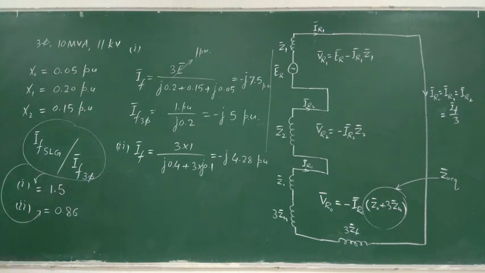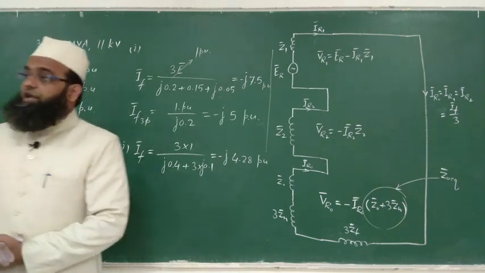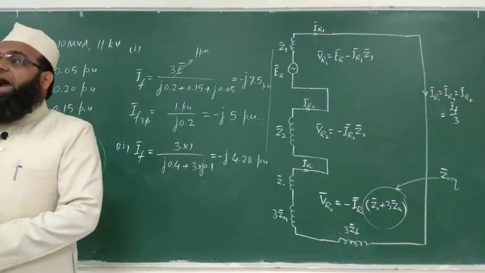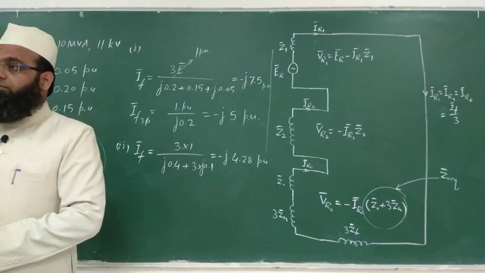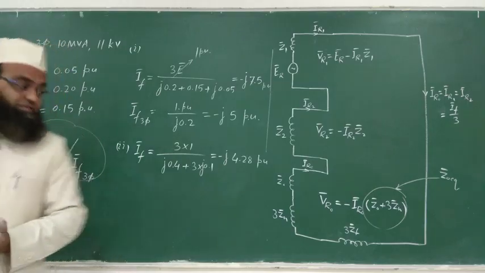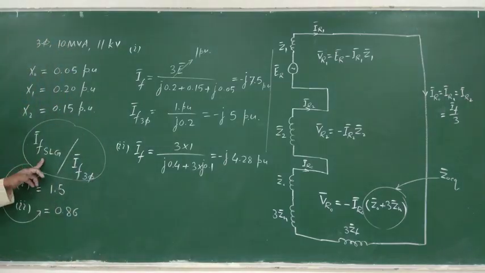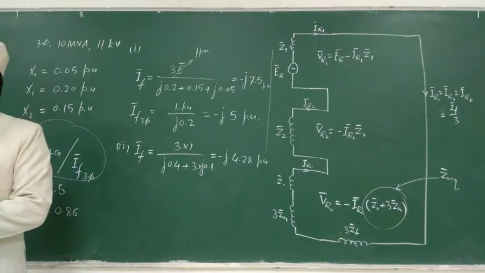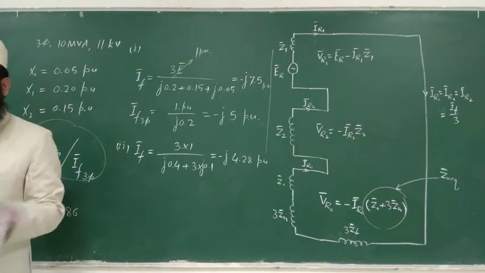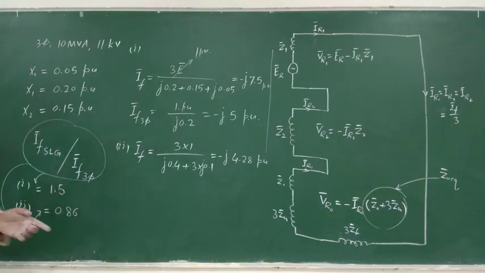So during symmetrical fault analysis, we discussed that the symmetrical fault is the most severe fault in the system, except this condition. For this condition, when the neutral of the system is solidly grounded, in that case this fault will be even more severe than this fault.